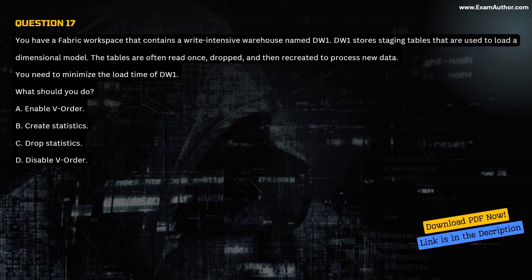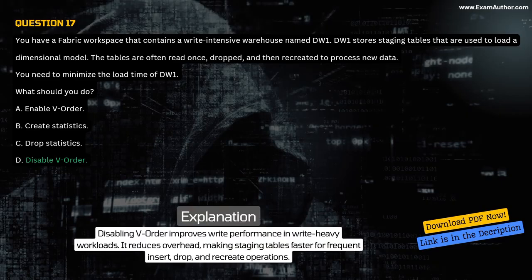B. Create statistics. C. Drop statistics. D. Disable VORDER. Correct answer D. Disable VORDER. Explanation. Disabling VORDER improves write performance in write-heavy workloads. It reduces overhead, making staging tables faster for frequent insert, drop, and recreate operations.